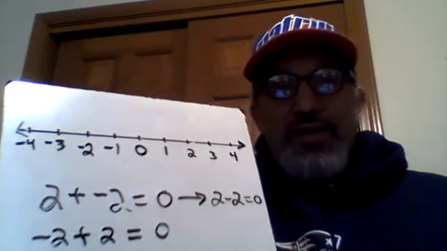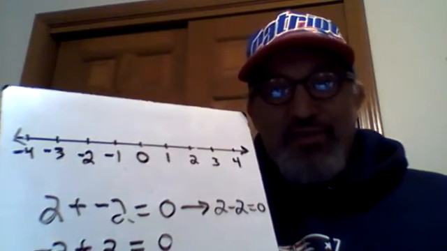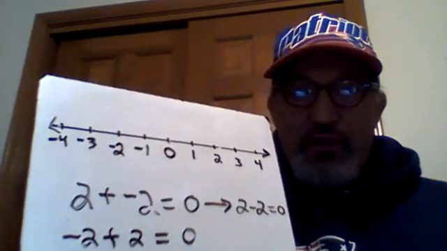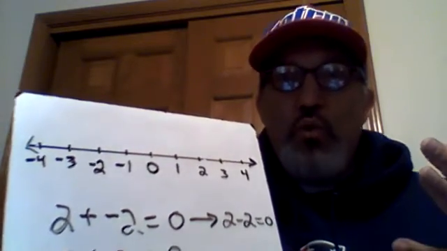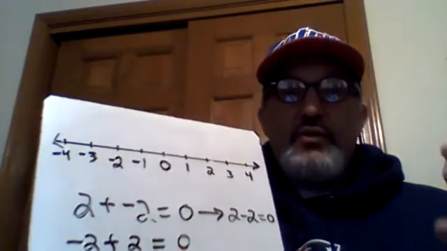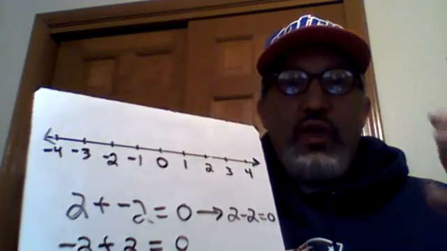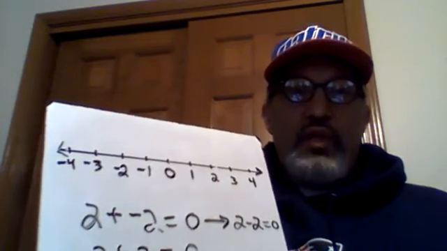Now, once we introduce integers, there is a natural thing that we would want to do, and that is ask the question, how far is a certain number from 0?